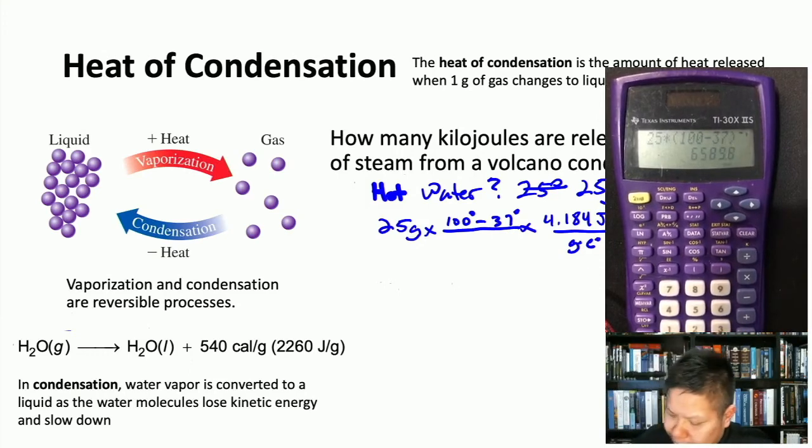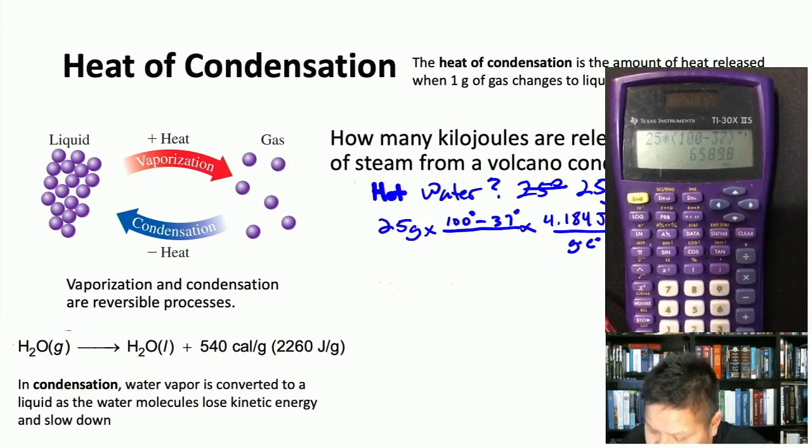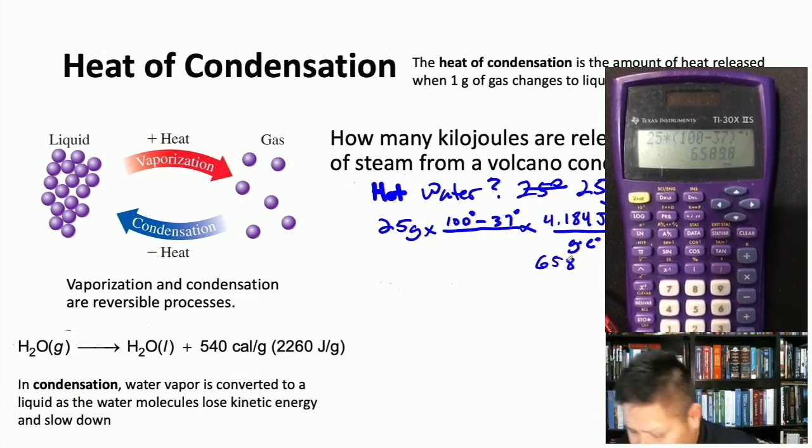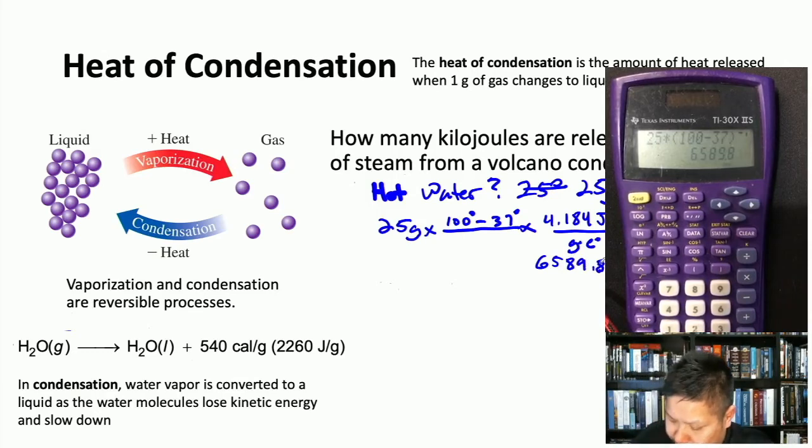There we go. I thought that number looked a little low. So the amount of energy released, or heat released, when the water cools down and releases its heat into my body, burning me, is 6,589.5 joules.